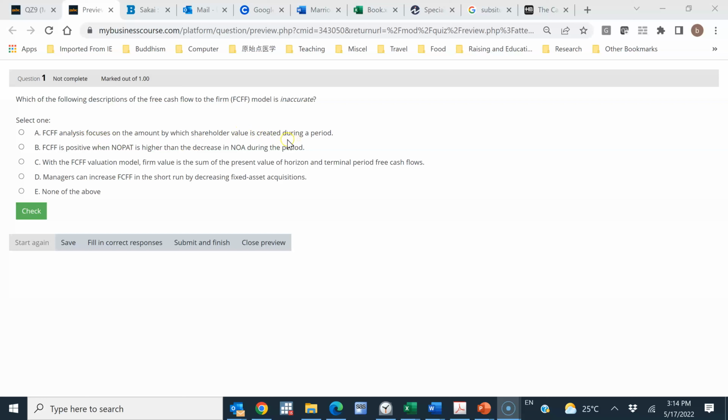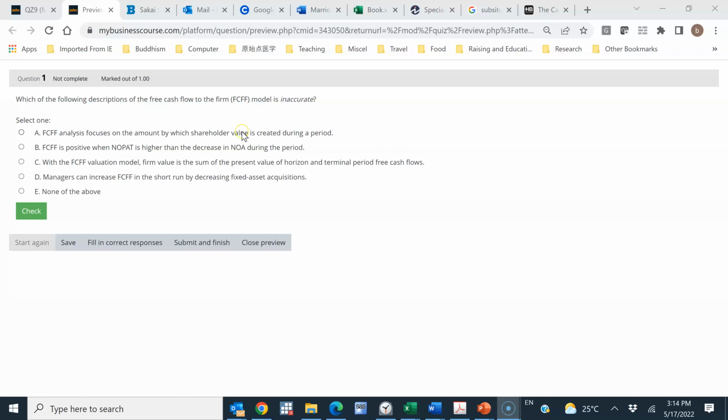This is actually true, right? Because it's trying to get the intrinsic value of a firm, and eventually we also need to do some adjustment and get to the intrinsic value of equity.